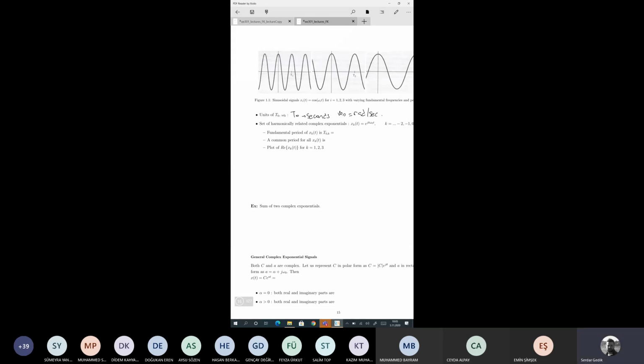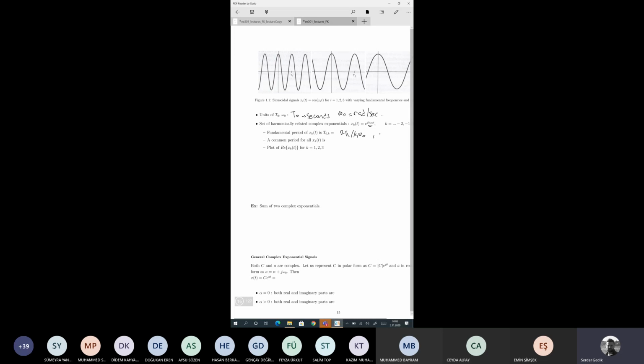Then I can define a set of harmonically related complex exponentials xk of t, defined as e to the power jk omega 0 t. So now I have k times omega 0. The fundamental period of any of them, e to the power jk omega 0 t, is simply 2 pi over k omega 0.